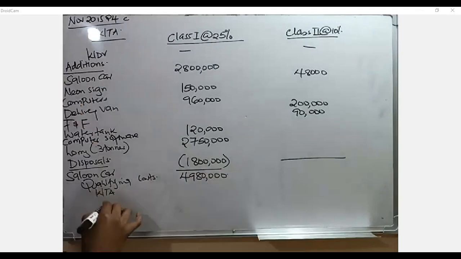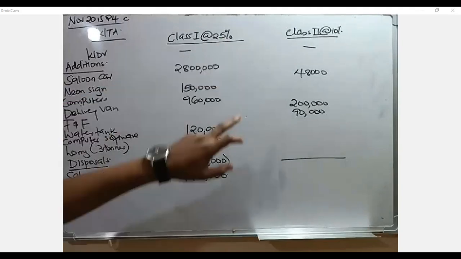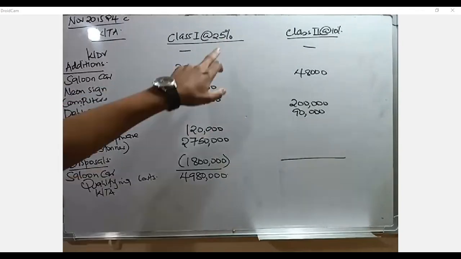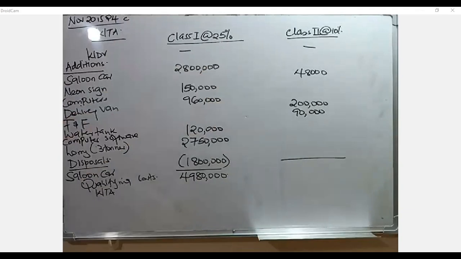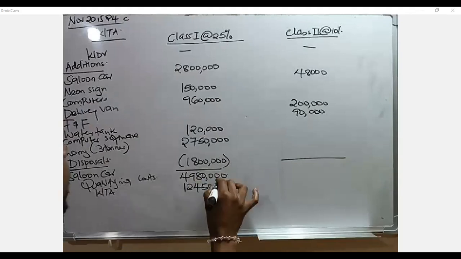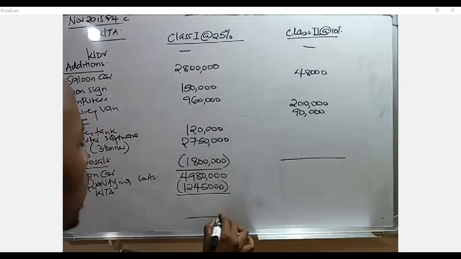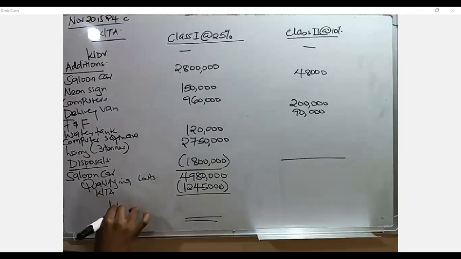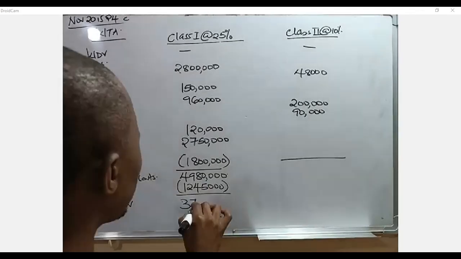Once you have this, calculate your WTA. How am I going to get it? I take my rate and multiply by the qualifying cost. So I just multiply by 25%. I'm getting 1,245,000. How do I get the written down value? I take 4,980,000 minus the answer, and I'm getting 735.